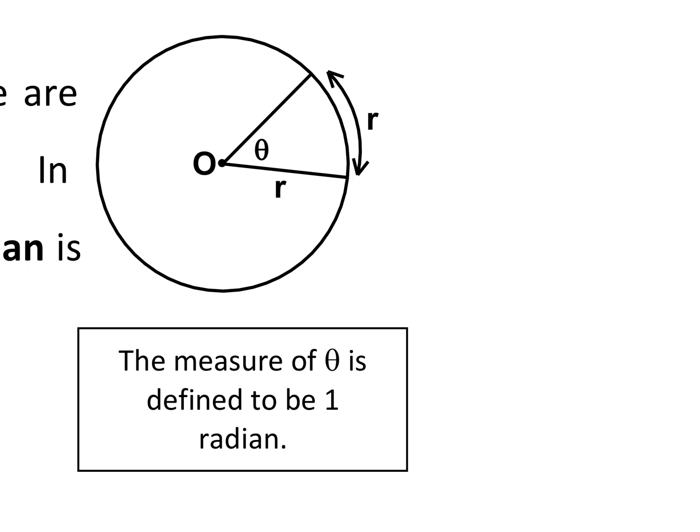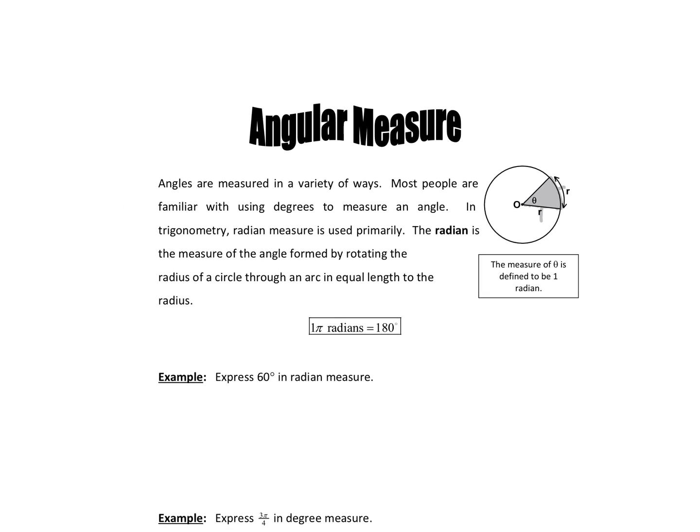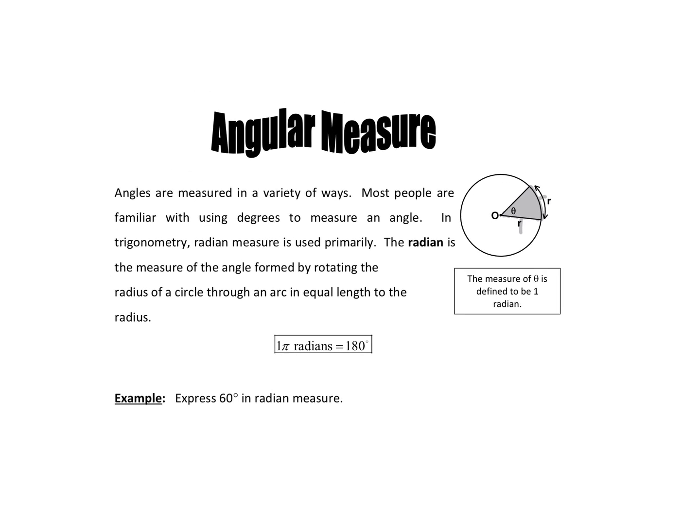If this arc has the same length as the radius, then the angle formed by the arc is 1 radian. That's what 1 radian is.